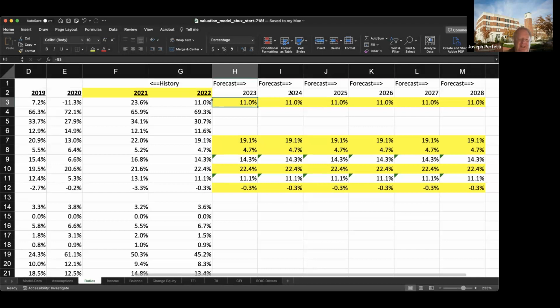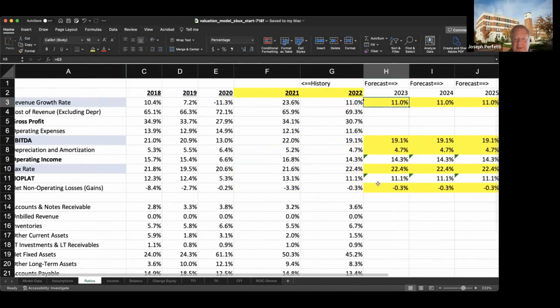All right, did everybody get to this point? Questions about getting to this point? Straightforward, easy. All right. Can you show the NOPLAT formula once more, please? A simple way to do this is cell G11 has the formula.